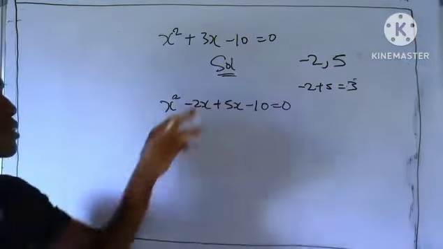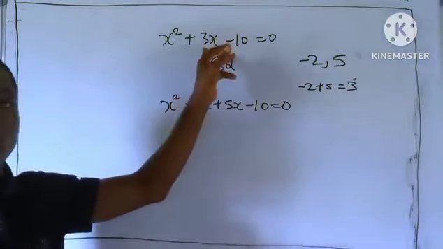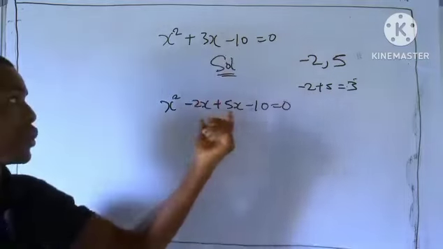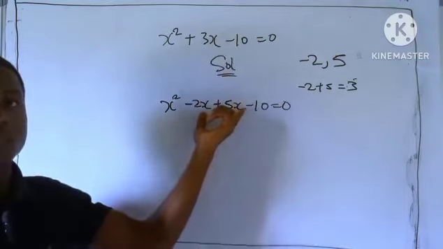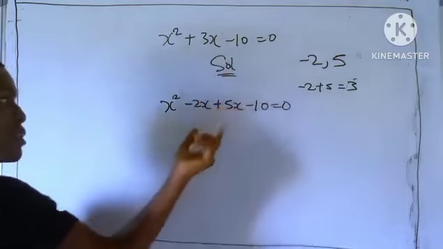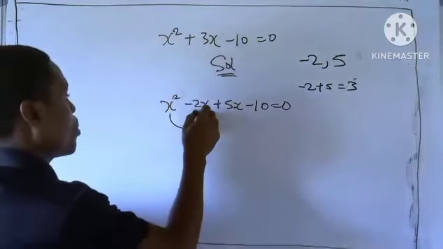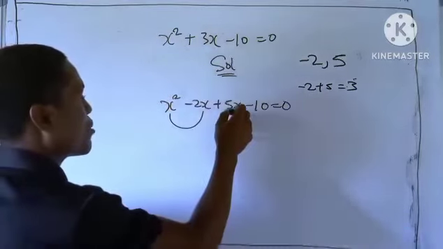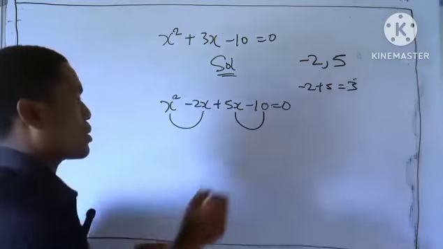Okay, note that the second number we have x, so you must attach x to the given numbers. Are you getting it? We have x squared minus 2x and 5x minus 10.